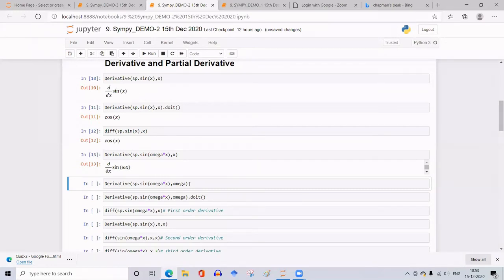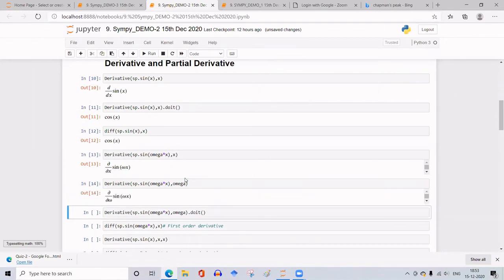Suppose I do it with respect to omega: I have taken the derivative of sp.sin(omega*x), with the variable omega. What should be the symbolic representation of this? Dou by dou omega of sine of omega x.